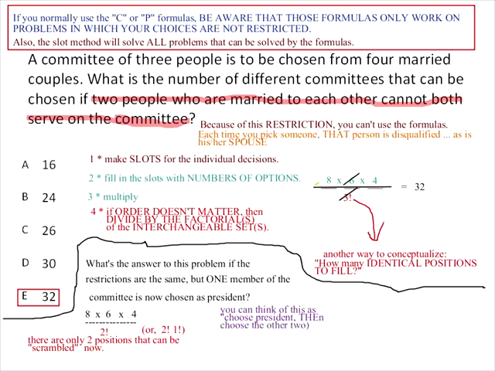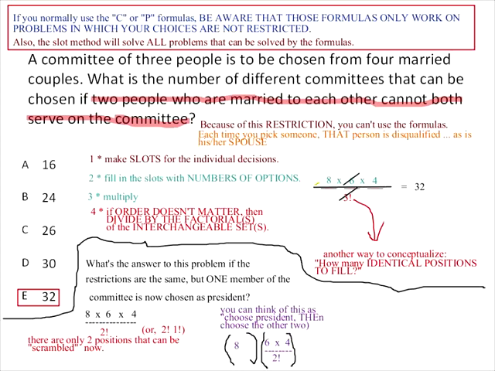In that case, there are 8 ways to choose the president. And then the other 2 are just a 6 and a 4, and they're interchangeable. And then you have a 2 factorial. So you can do that. Remember, it's an and situation. You have to pick a president, and you have to pick the other 2 members of the committee.